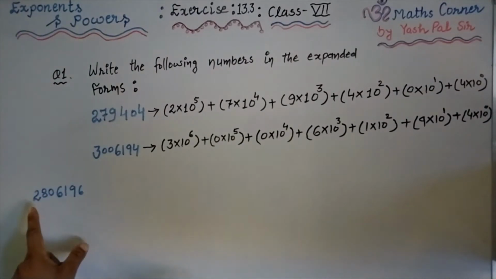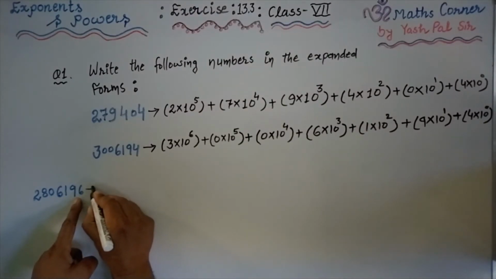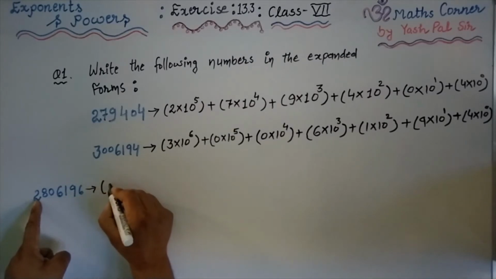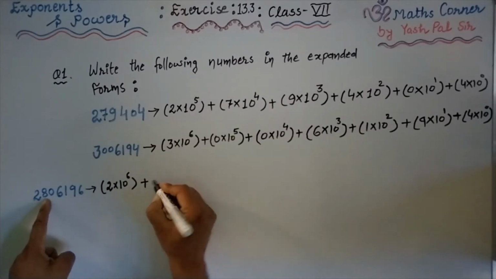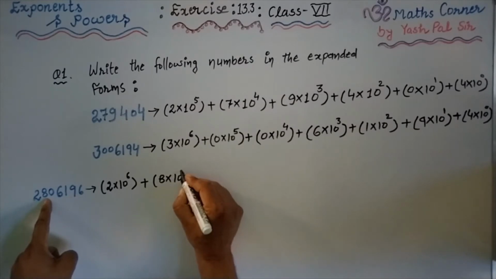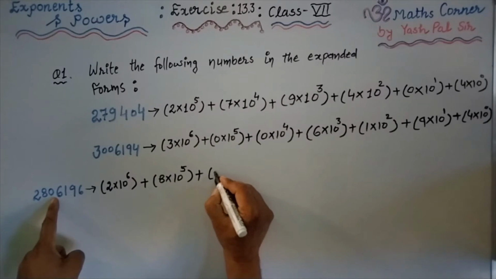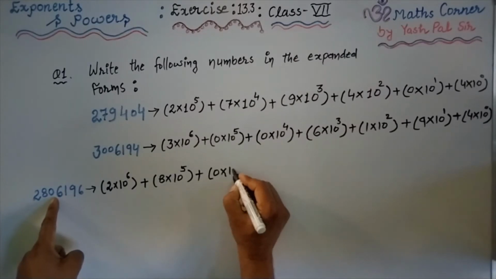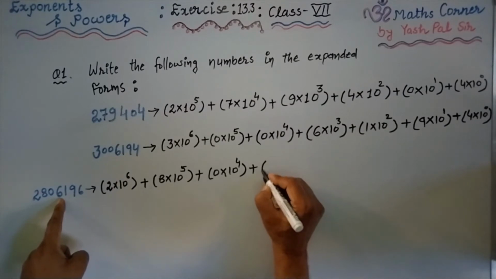Now next number is 28 lakhs 6,196. Again we write the first bracket 2 into 10 raised to power 6. Next is 8 into 10 raised to power 5. Next is 0 into 10 raised to power 4.